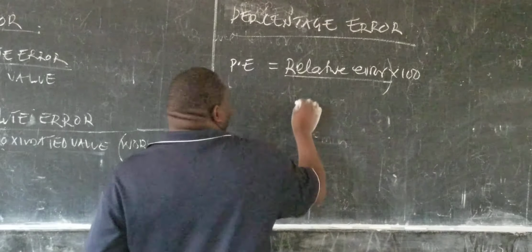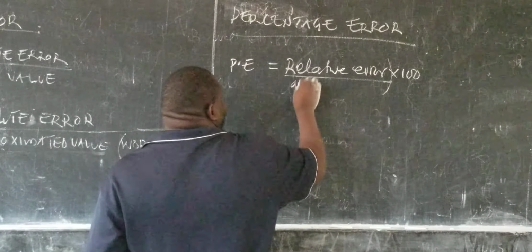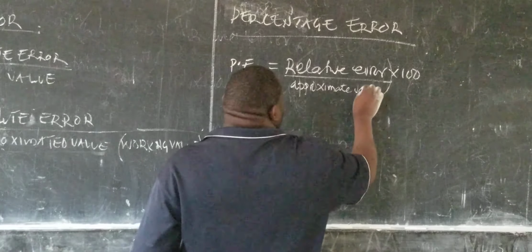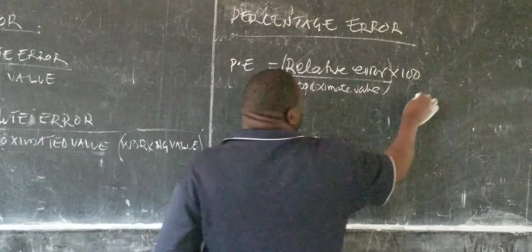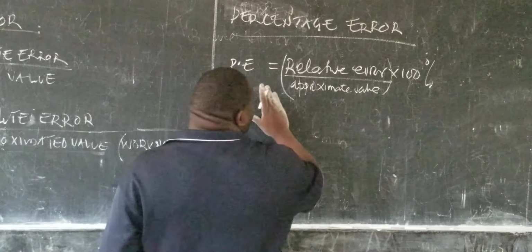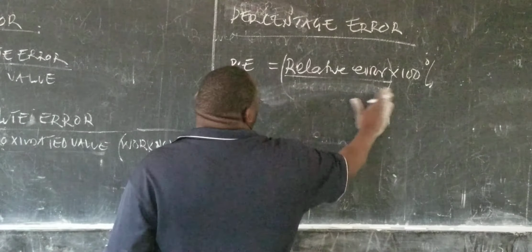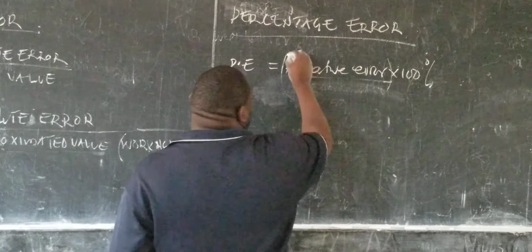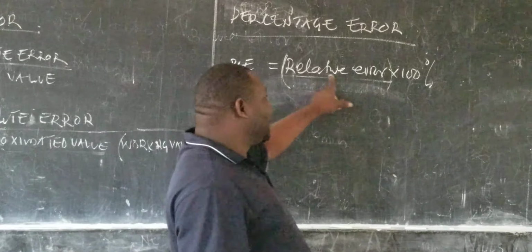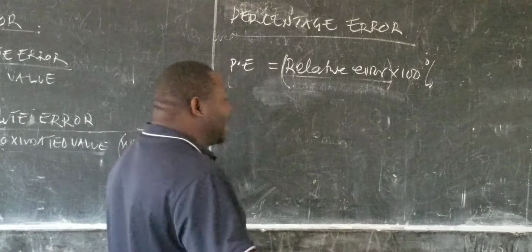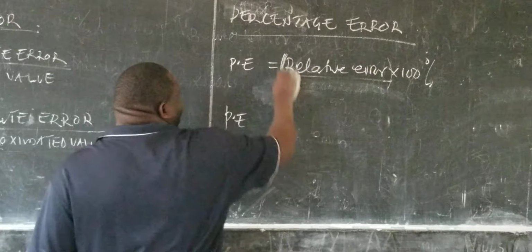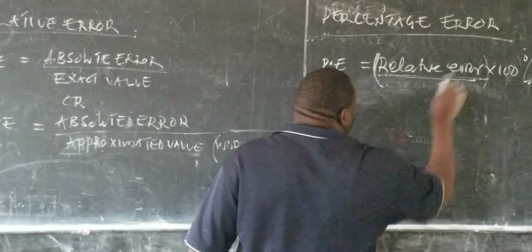Relative error over the approximated value of the expression, then times 100%. And percentage error is relative error times 100%.